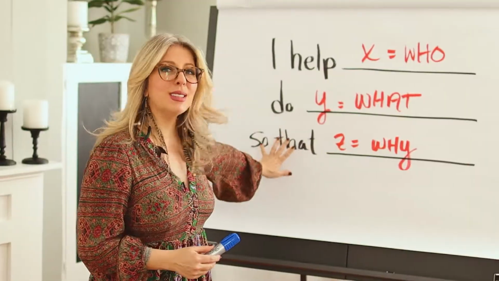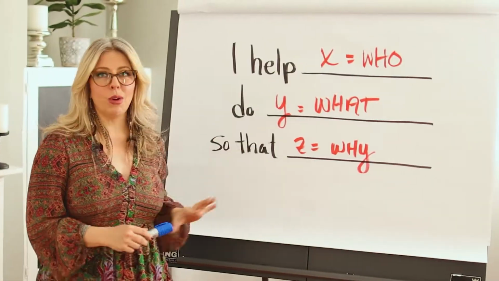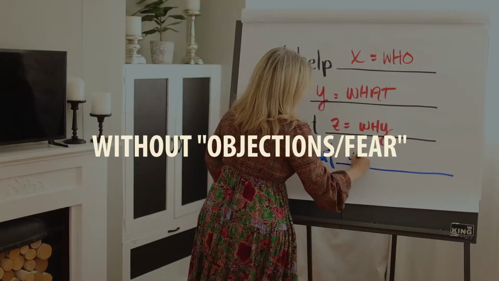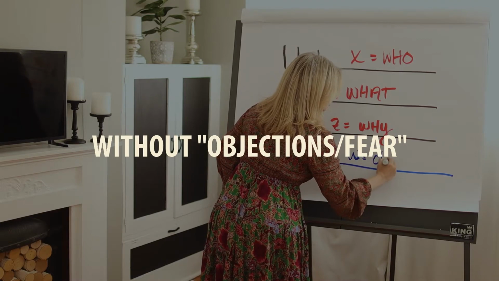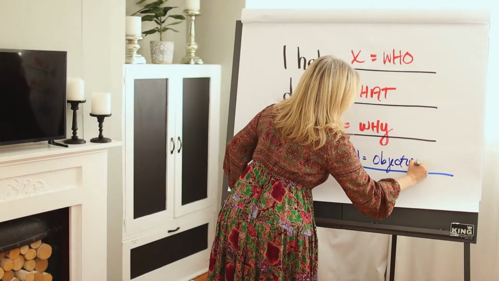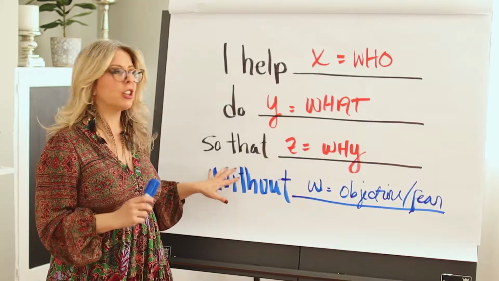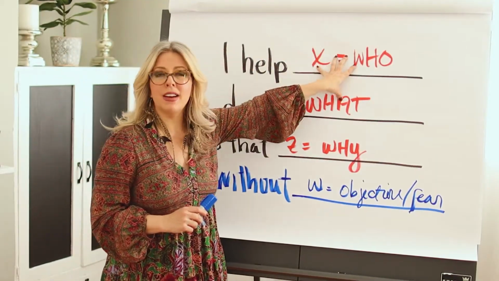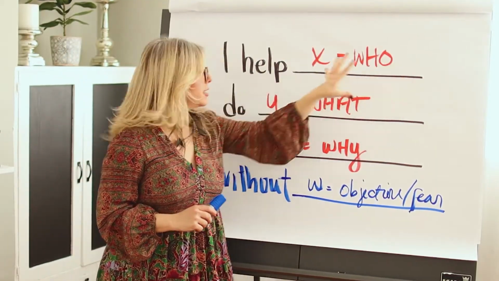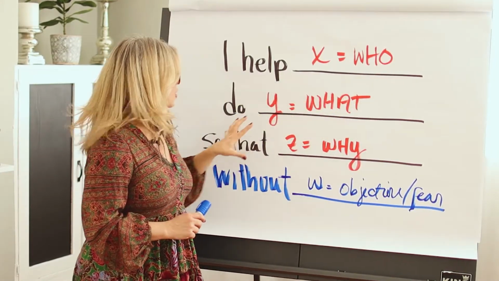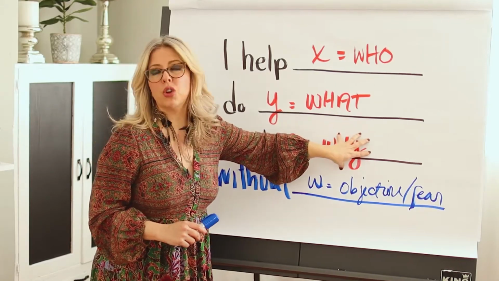So now I want to share the one bonus thing that you can add to this template to make it even juicier, even more compelling, which is without, W, equals some sort of objection or some sort of fear that people might have. So, Albert Pellichet: I help men struggling with a midlife crisis to find more focus and more fulfillment so that they can have more joy in their life.